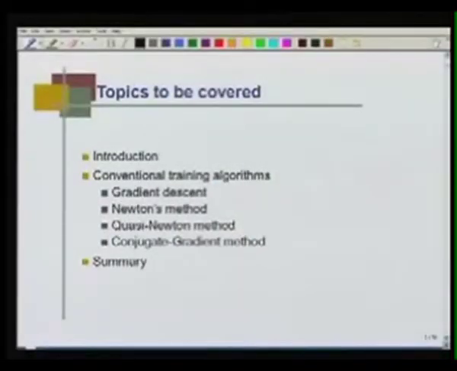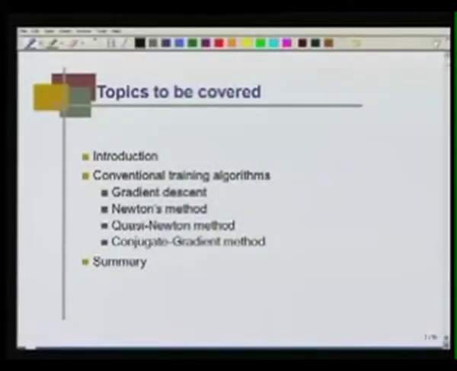So, it would be a kind of summary to let you know the state of the art of various weight update rules, specifically for feed forward networks. Topics that would be covered today are the conventional training algorithm, gradient descent that we have already been talking about, which is popularly known as the back propagation algorithm for feed forward networks, Newton's method, quasi-Newton method, and conjugate gradient method.